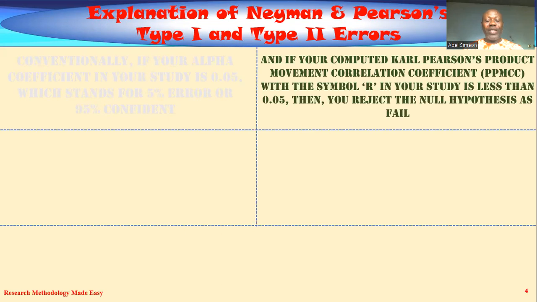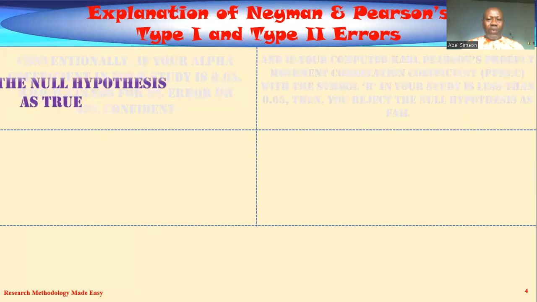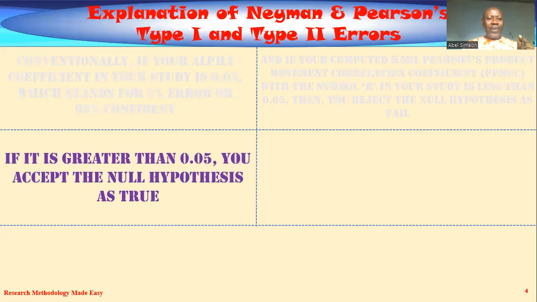If that probability value is less than 0.05, you should reject the null hypothesis. Conversely, if it is greater than 0.05, conventionally, you should accept the null hypothesis.